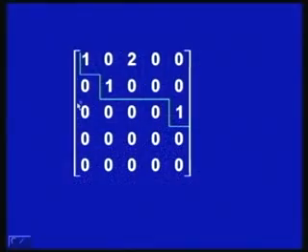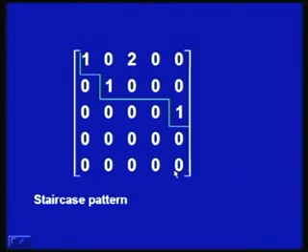Now one may notice that this is the boundary where we have non-zero elements, and the rest of the elements here are zeros. This pattern is a sort of staircase pattern, and that is why we call this matrix an echelon matrix or a staircase matrix.